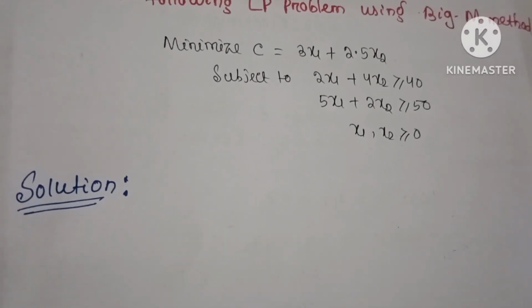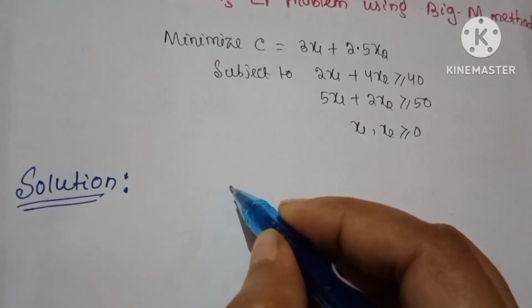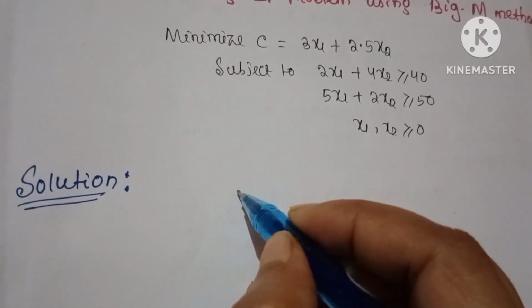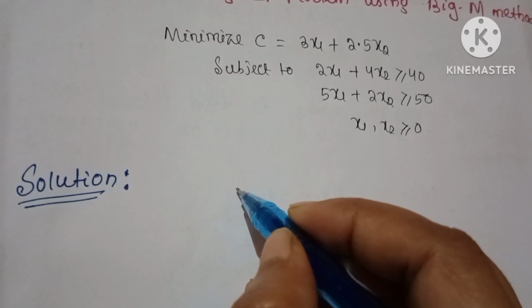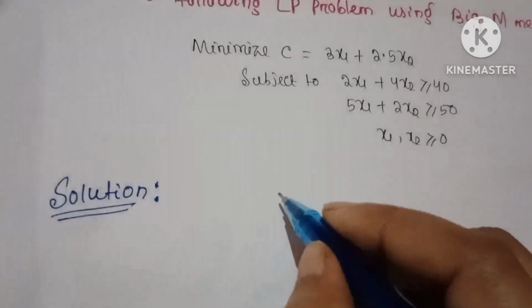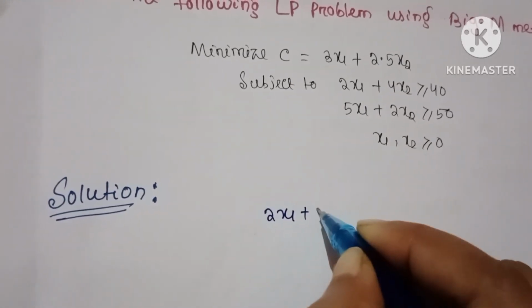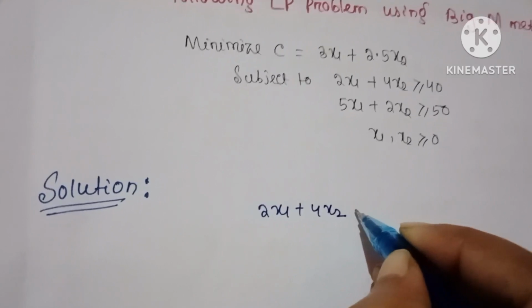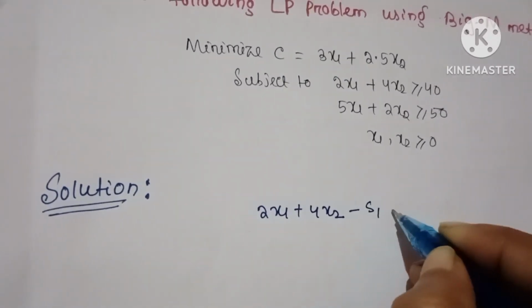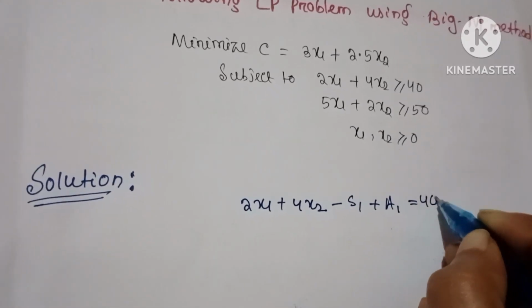By subtracting the surplus variable and adding the artificial variable, the first extended constraint becomes 2x1 plus 4x2 minus s1 plus a1 equal to 40.